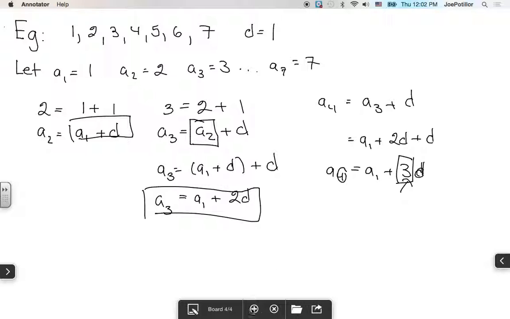So this pattern, I'll write it down in a different color.